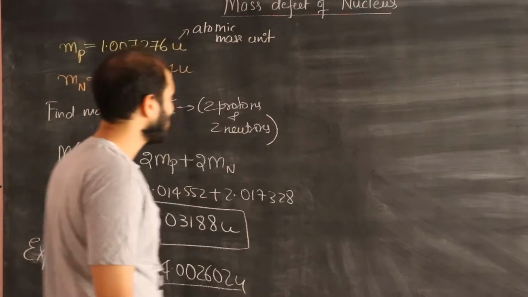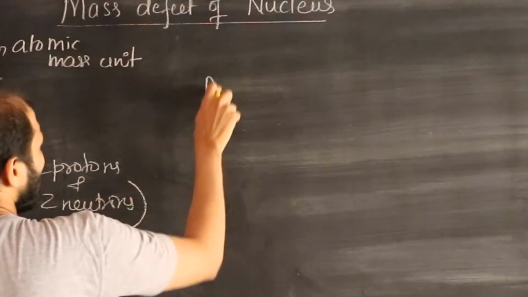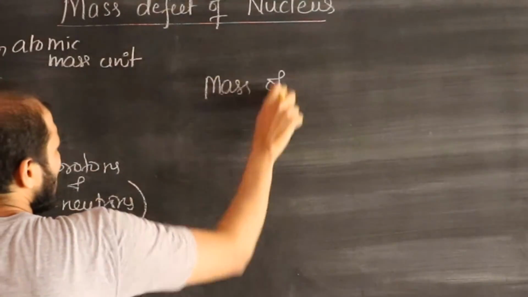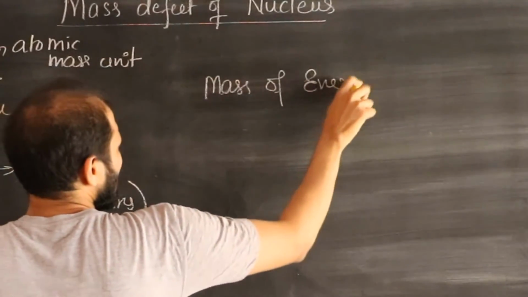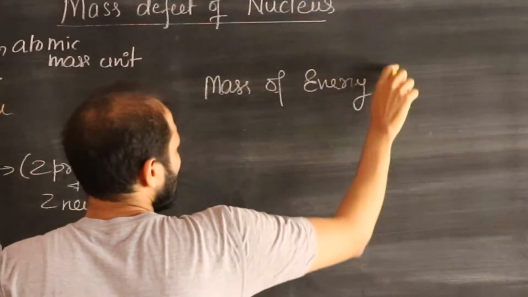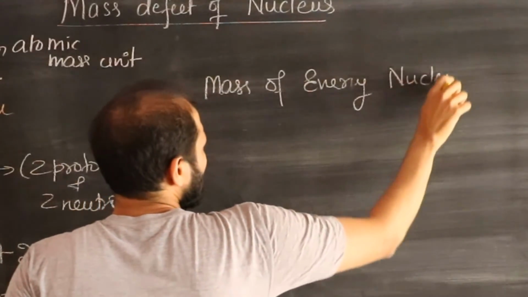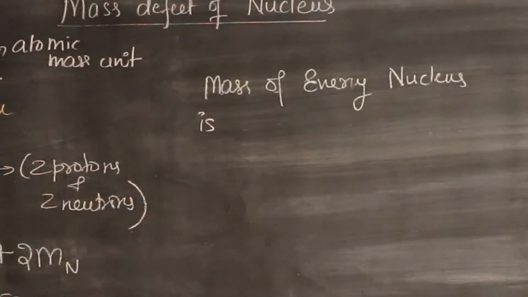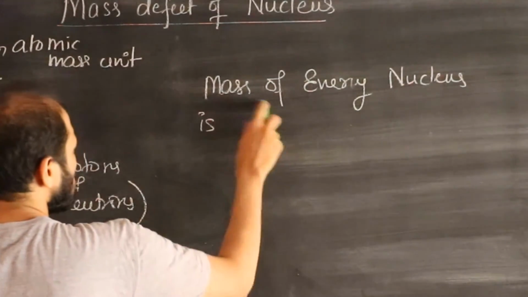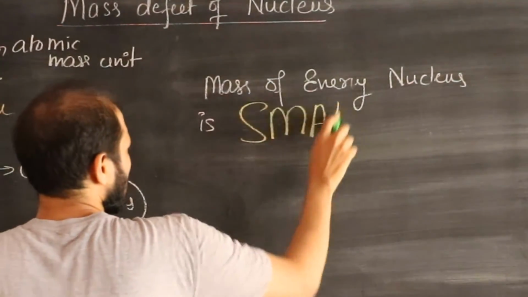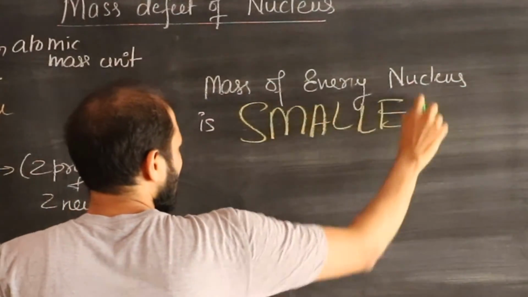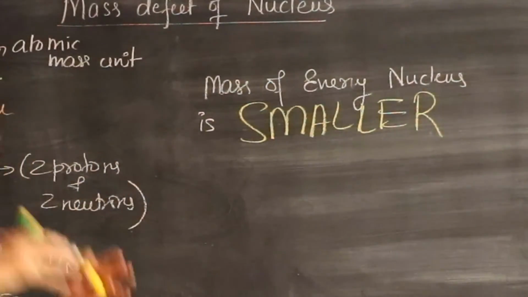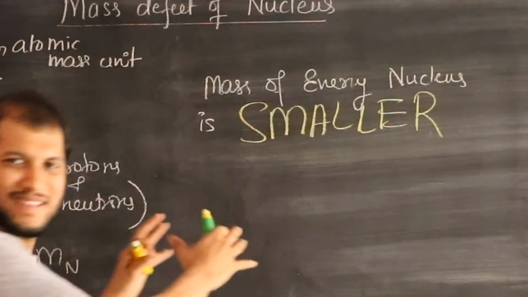So let me write that down. Mass of every nucleus is, and I'm gonna highlight this, smaller. And that's important. I'm writing it big. The smaller. It's ironic, right?